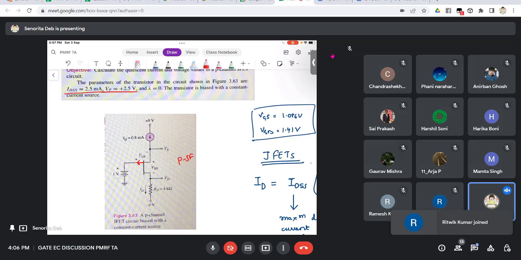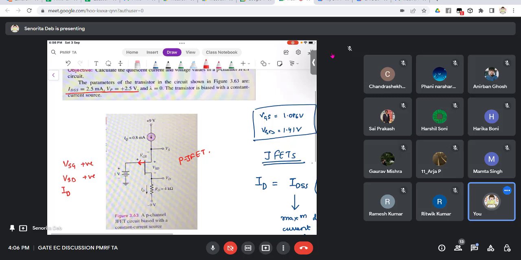So basically VSG will be positive and VSD will be positive, and current ID will flow from S to D.